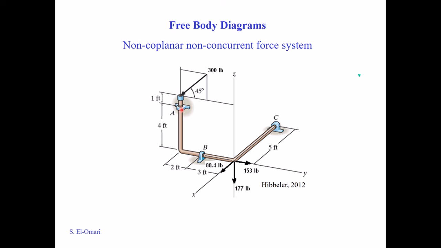Journal bearing means that it can rotate about its own axis, so there's no prevention of rotation about this axis, and it also will move along that axis, in that case along the z-axis.